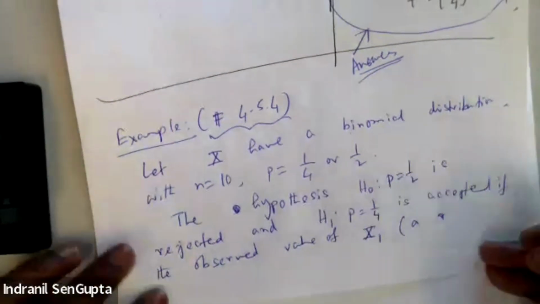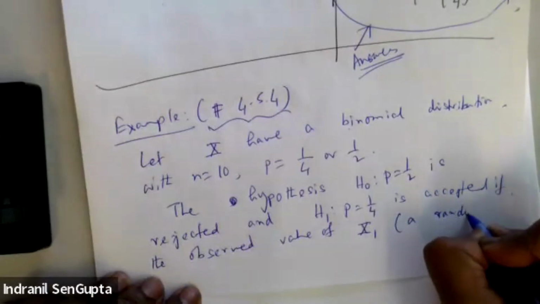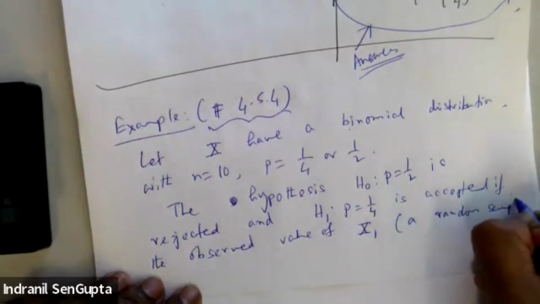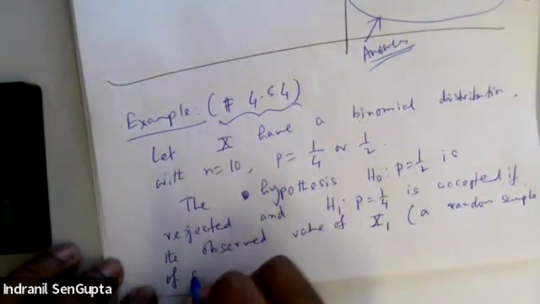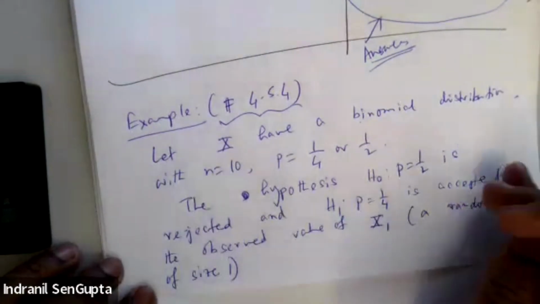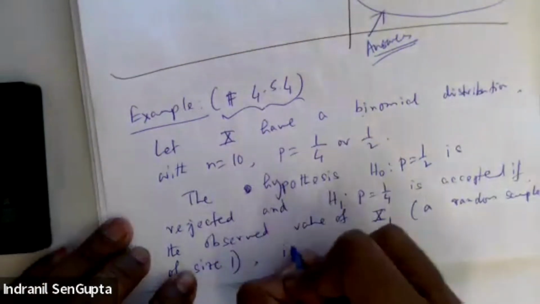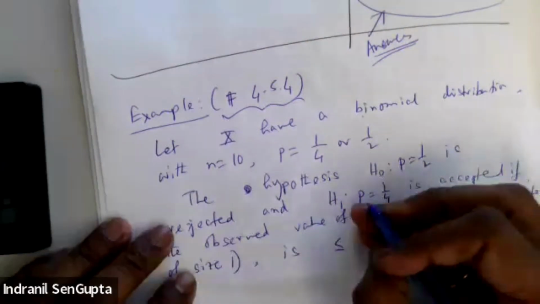We just draw it once. A random sample of size 1 is less than or equal to 3.